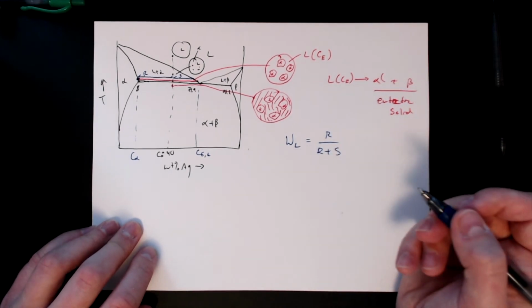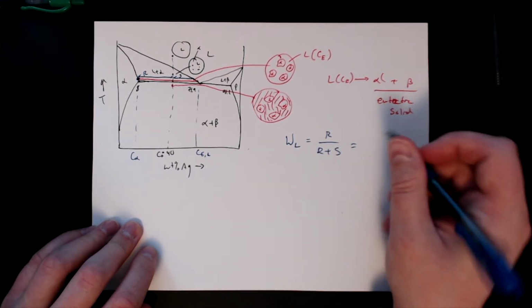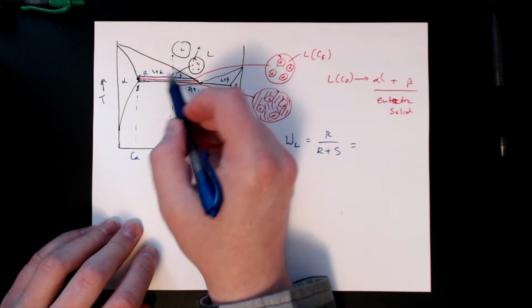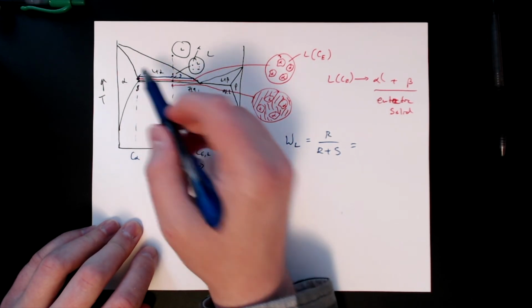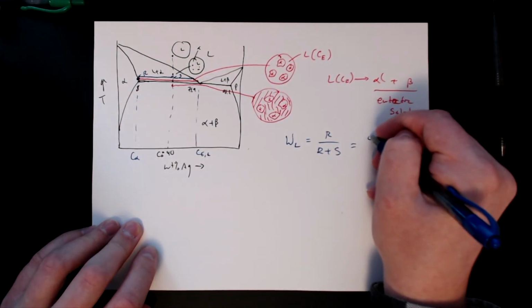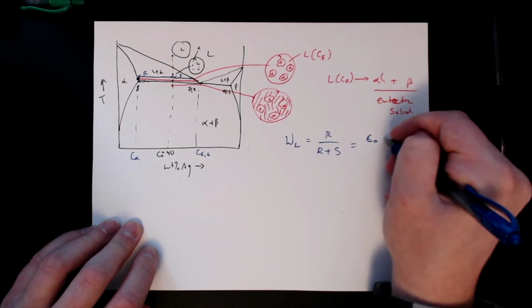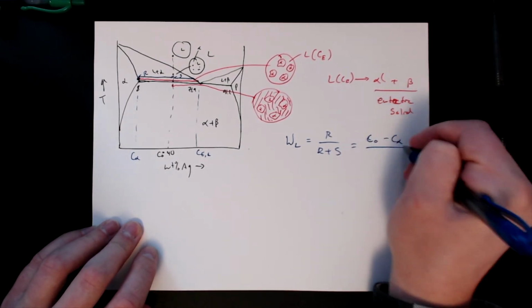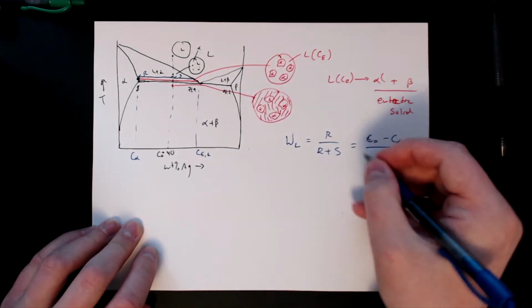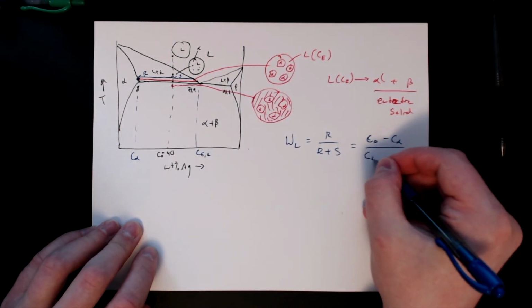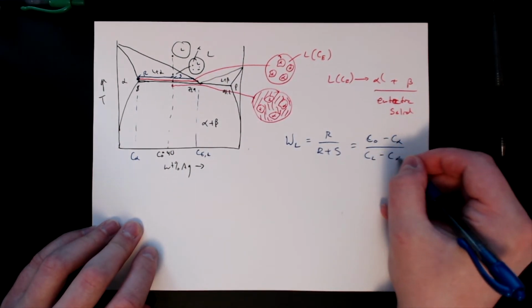plus S. If we put those numbers in, R is going to be from this to this, or the subtraction of this from this. So that is C naught minus C alpha over the total length, which is C L minus C alpha.